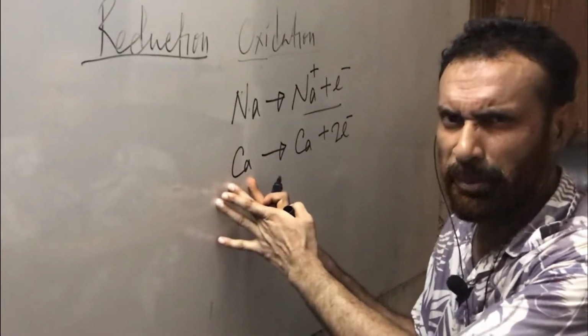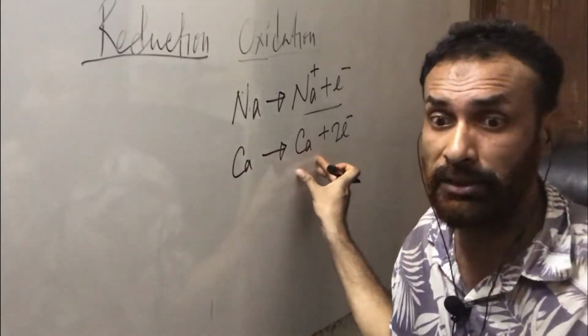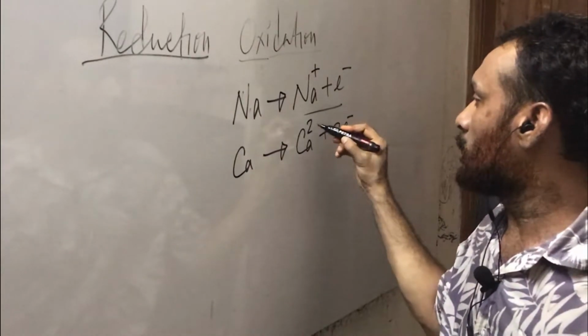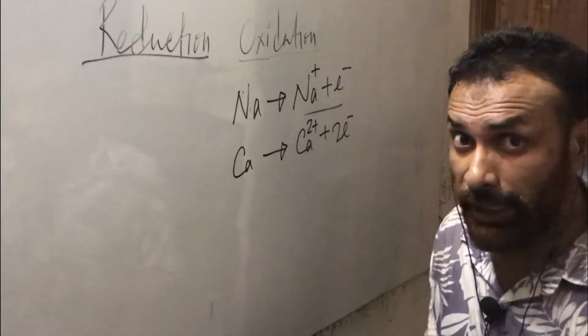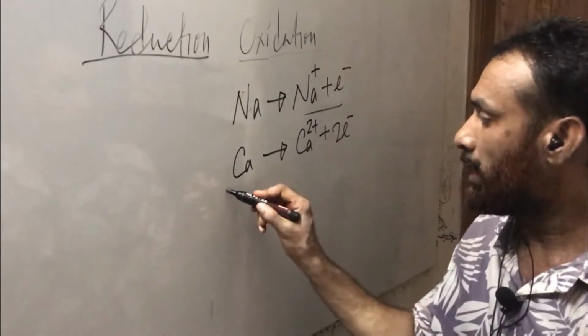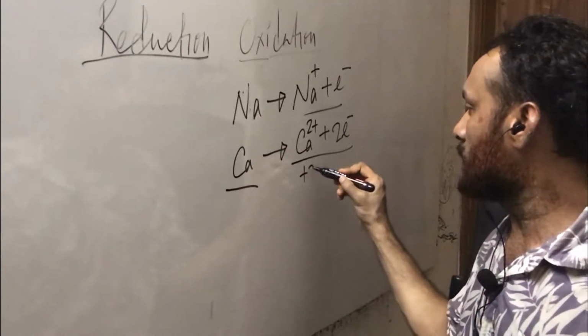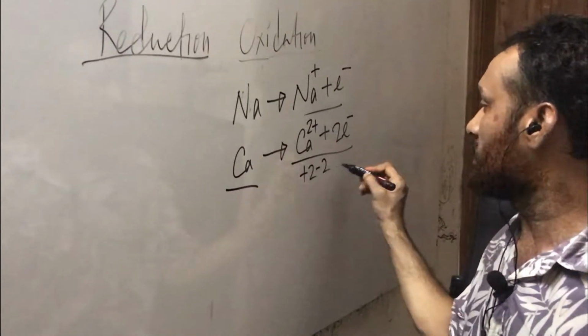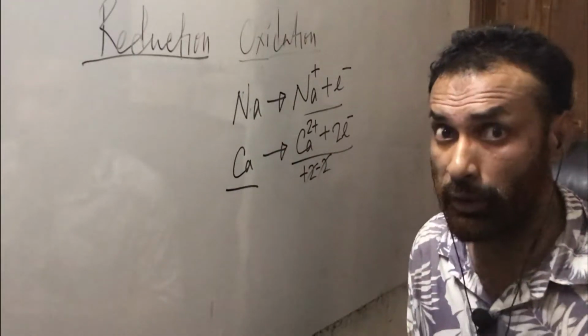Calcium metal is neutral, and the charge of this calcium should be 2 plus, so I write 2 plus. And you can again check the charges. Here you get 0, no charge, and here plus 2 for calcium and minus 2 for 2 electrons, together 0. This is how you can write it.